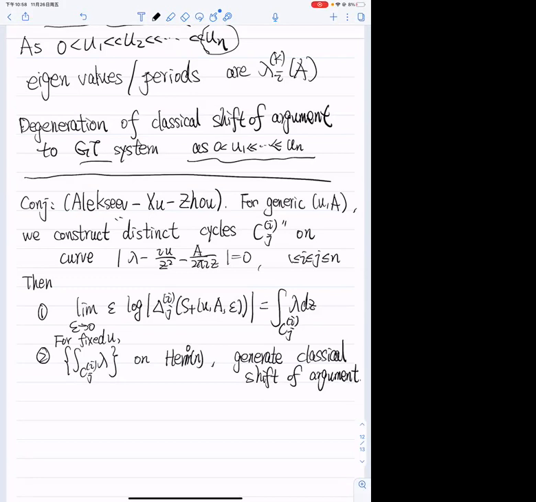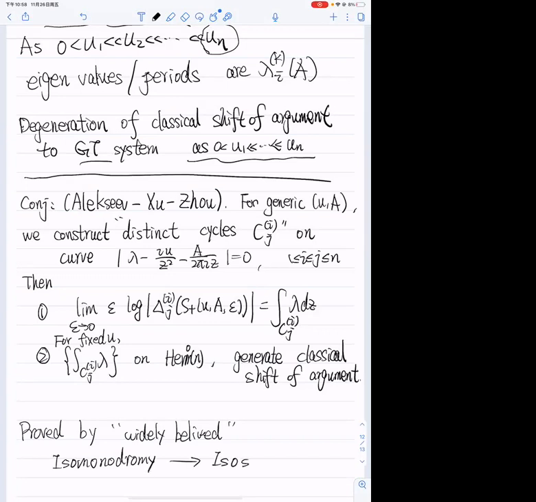So at this moment, this is a conjecture, and this conjecture should be proved by some widely believed correspondence between isomonodromy deformation and isospectral deformation in this setting.